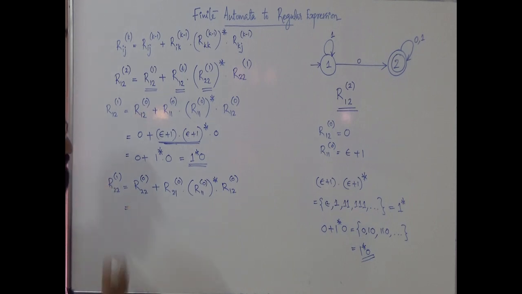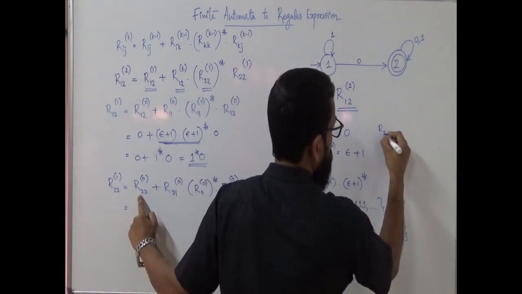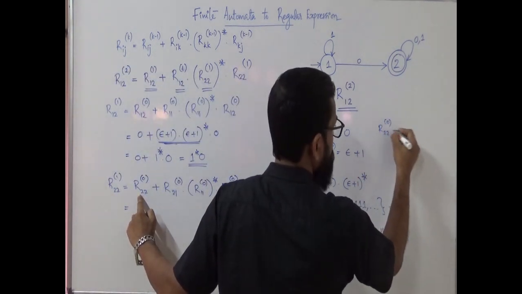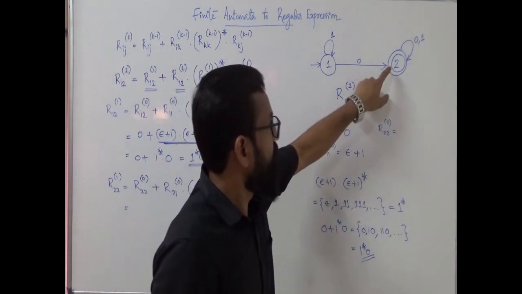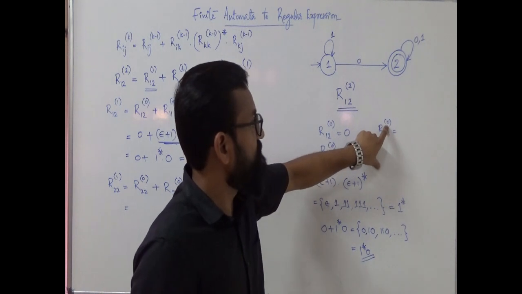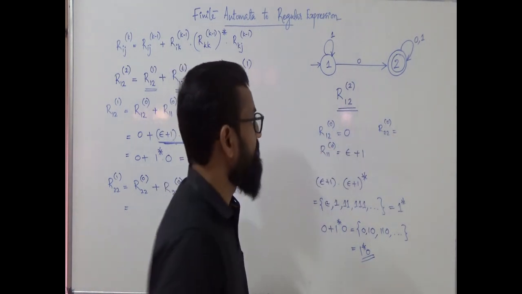So what is R22 of 0? That is the regular expression from state 2 to 2 without any intermediate state.